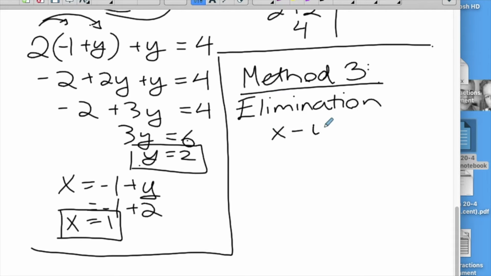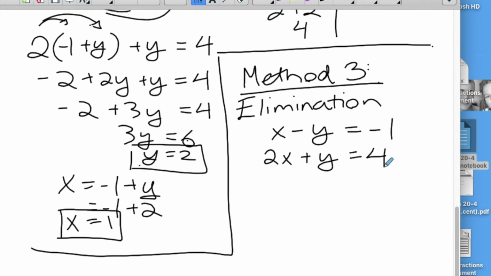Okay, x minus y equals -1, 2x plus y equals 4. Okay, did I mess up there? No, okay, whew.